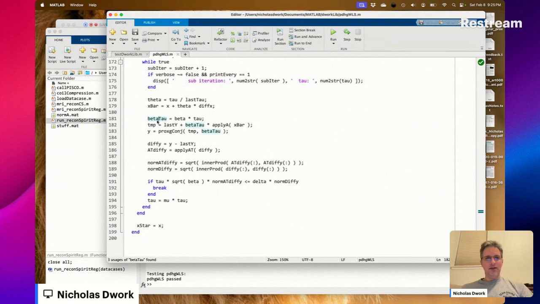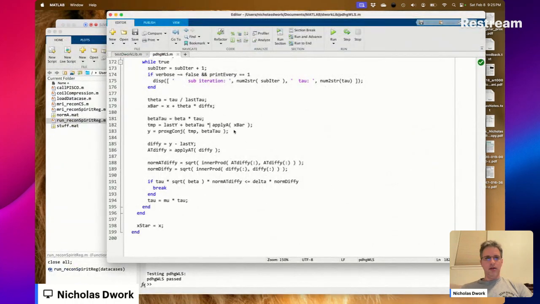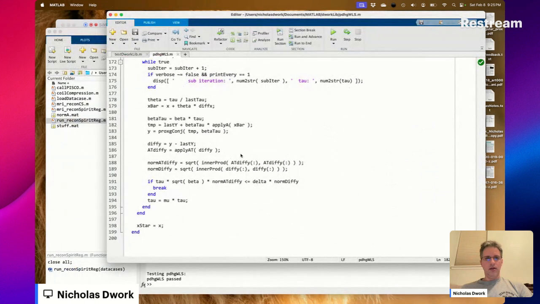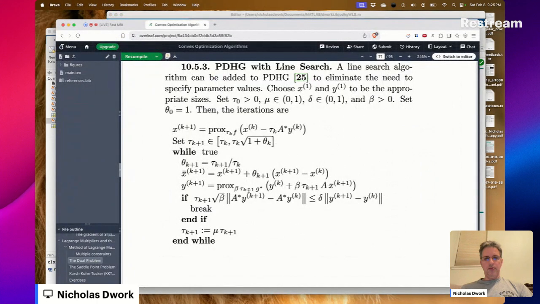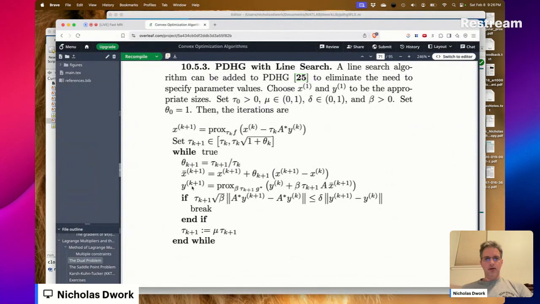Beta times tau. Why did I do that? Because I use it twice. Okay. Beta times tau times A applied to x bar. And then we're going to do the prox of g conjugate, beta tau of that. That's going to give us y. Okay. That seems right.